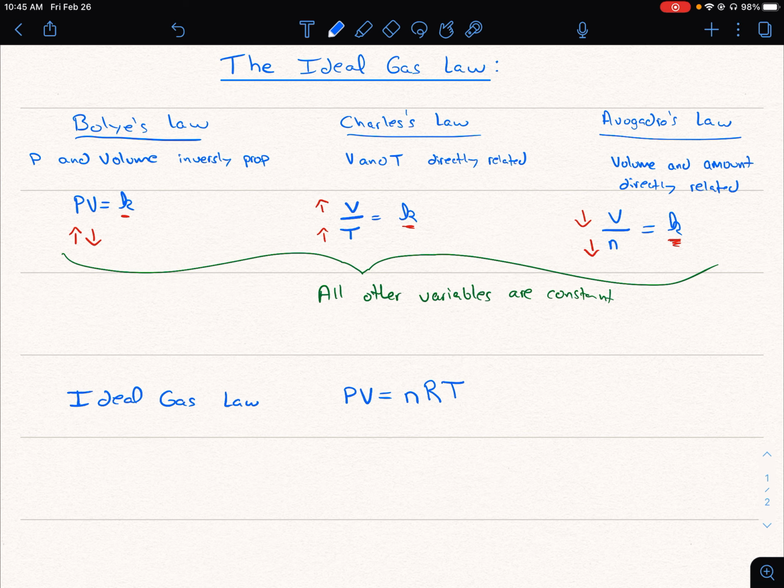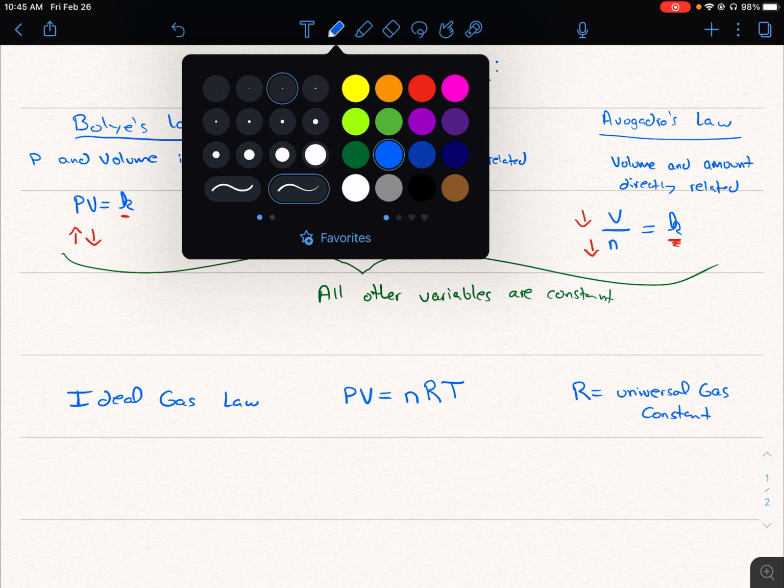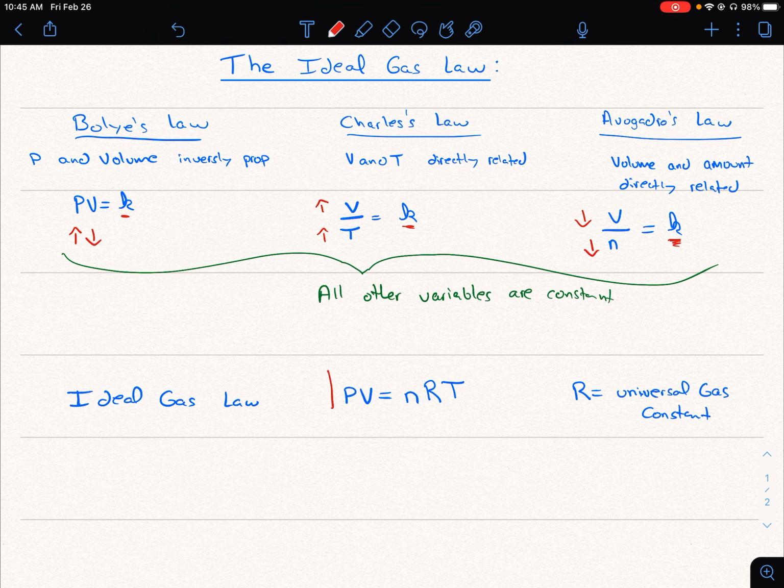And R in this equation is the universal gas constant. And here, the power of this is that we now have a single equation that represents all of the variables of our gas.